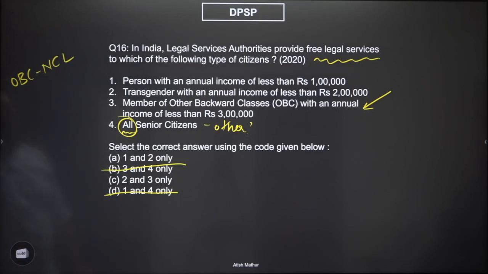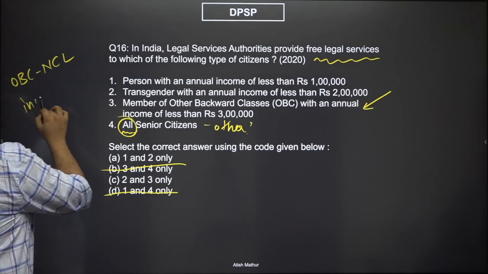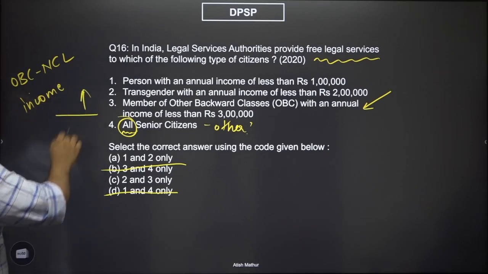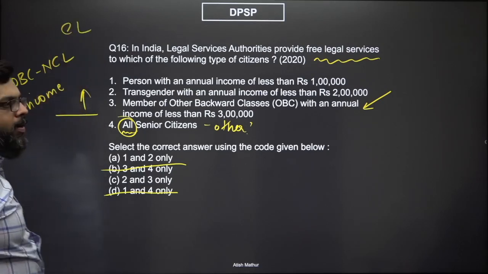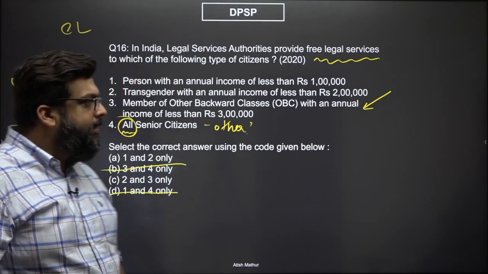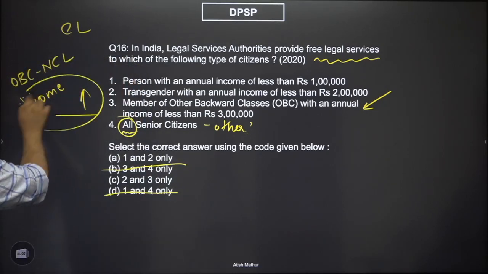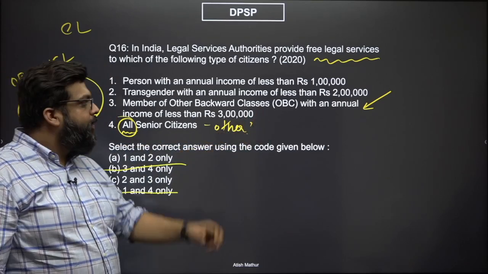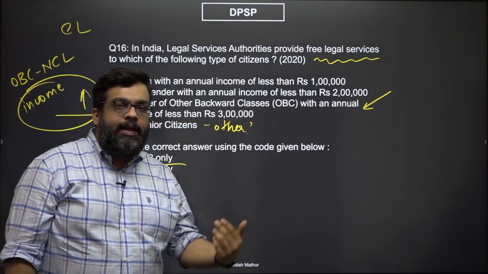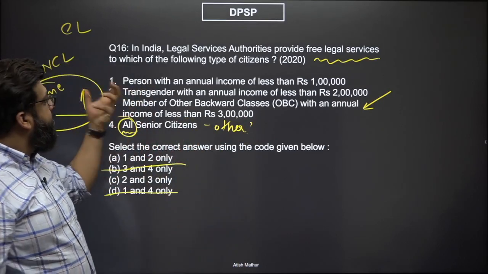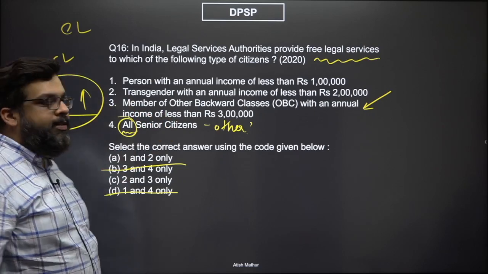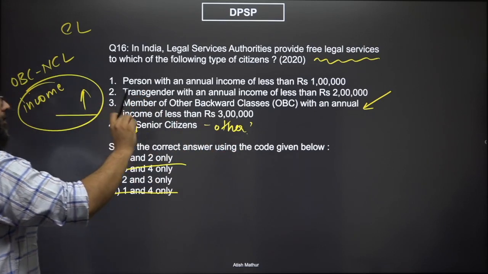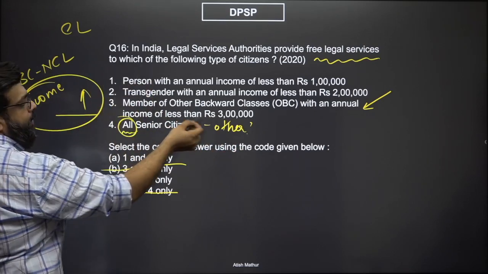And for the non-creamy layer, there is an income criteria also, that if your income is above a certain amount, then you would be creamy layer and you may not be entitled to get the OBC reservation. This income limit is definitely not as low as 3 lakhs, because if it was as low as 3 lakhs, then you would be only able to give a very small section of people OBC reservation. Now, you may not know the exact number, but you would definitely think that 3 lakhs is too less.